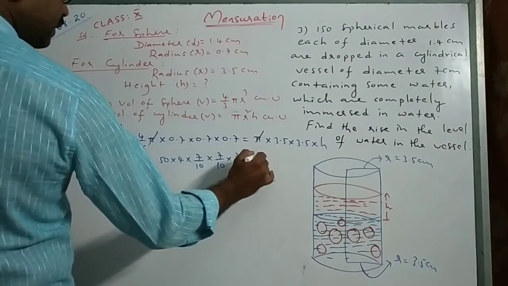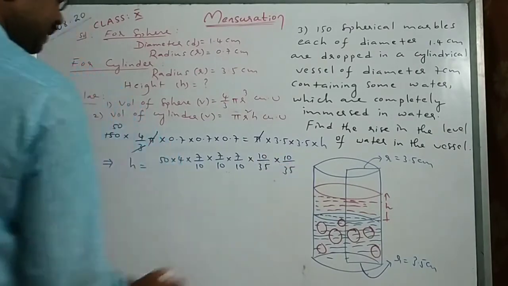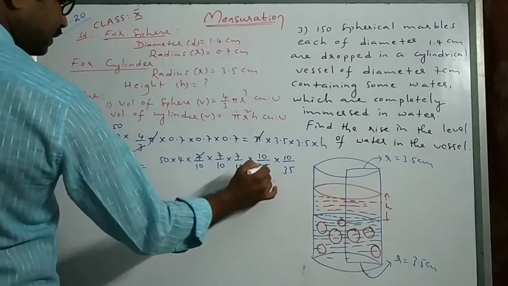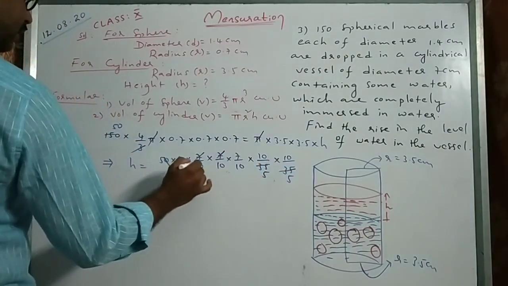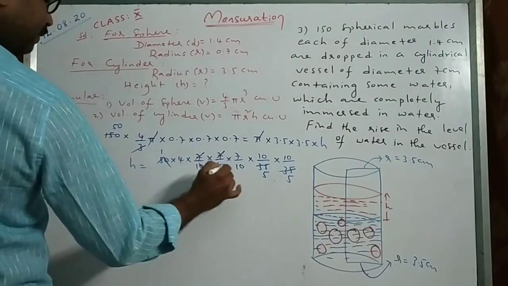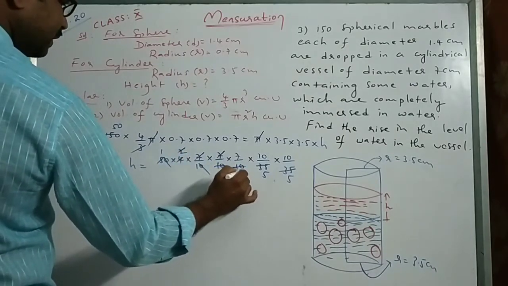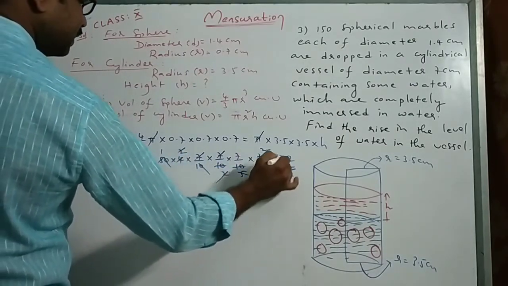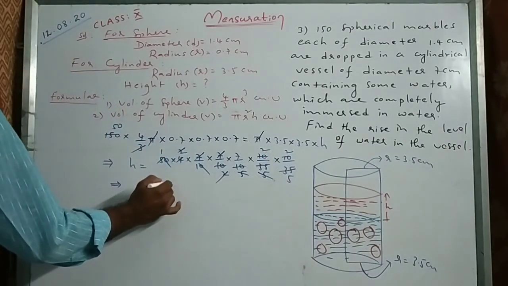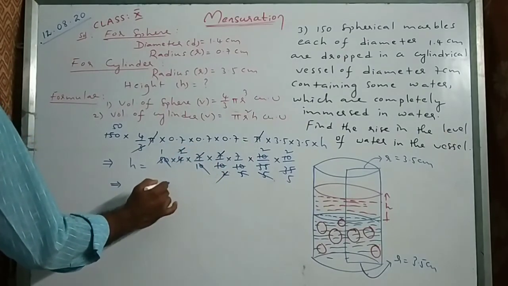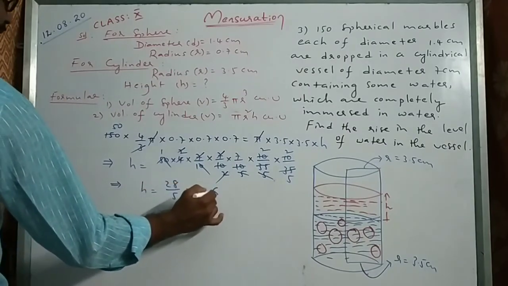Into, this will be 10 by 35 into 10 by 35 if I bring this side. 7 ones are 7, 7 fives are 35, 0 0 cancel, 5 ones are 5, 5 twos are 10, 2 ones are 2, 2 twos are 4, 2 fives are 10. So h equal to 7 twos are 14, 2 twos are 4, 4 sevens are 28 by 5, 5 fives are 25, 5 sixes are 30.